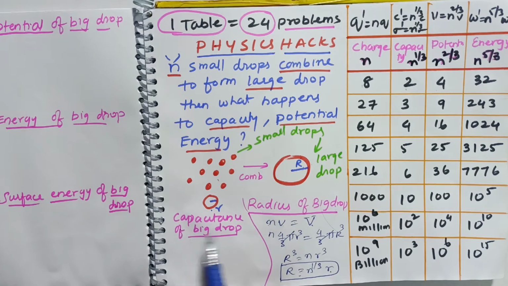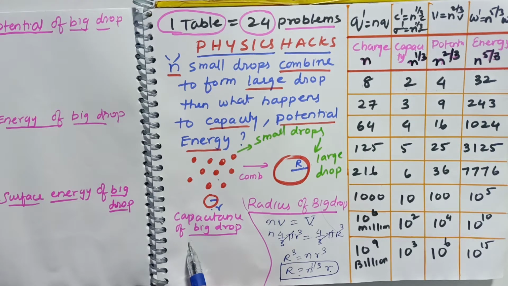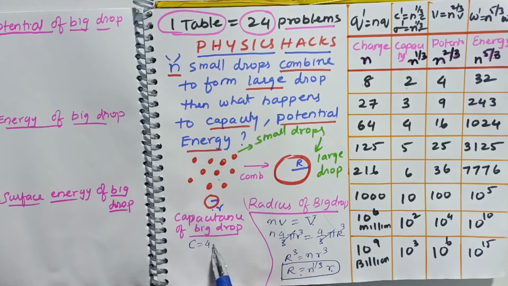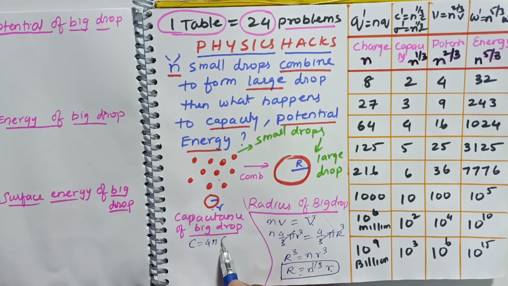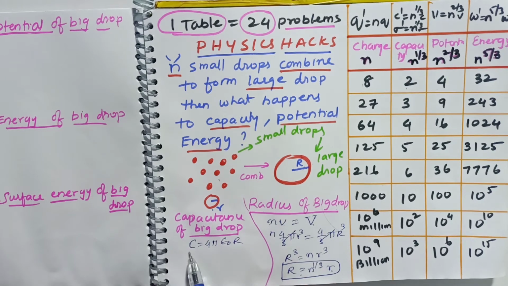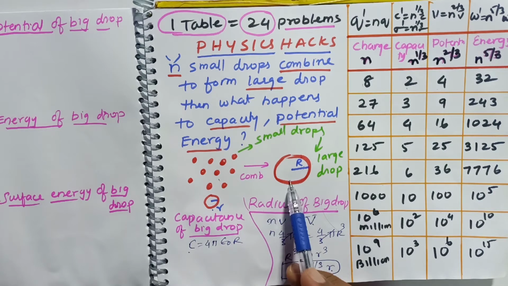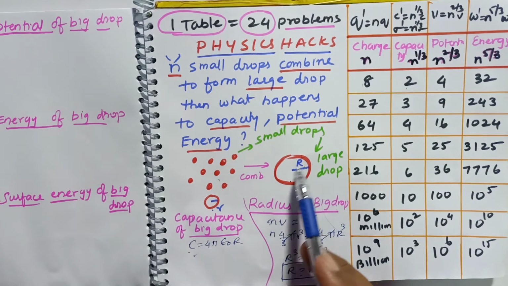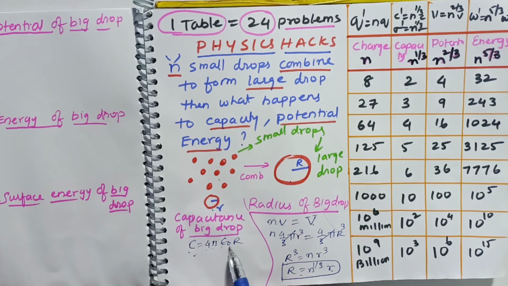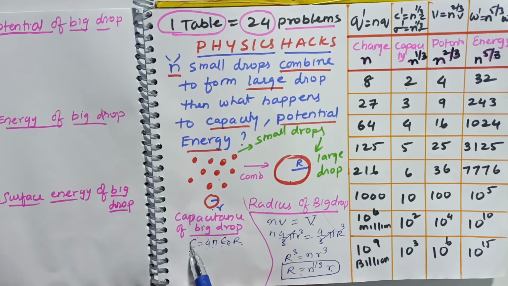Then what happens to capacitance? What is the formula for the capacitance of the bigger drop? The capacitance of a spherical capacitor is 4 pi epsilon naught into R. This is the capacity of the larger drop.